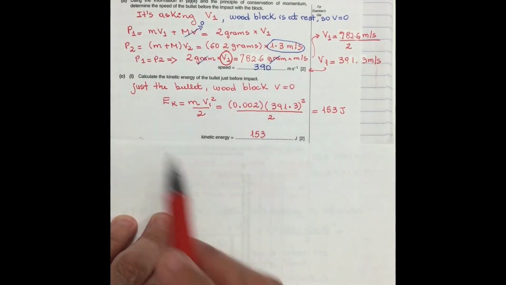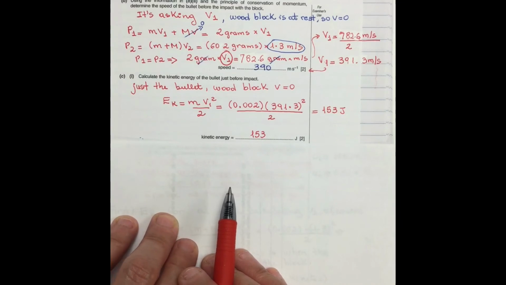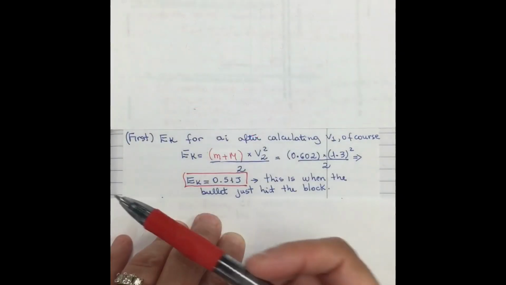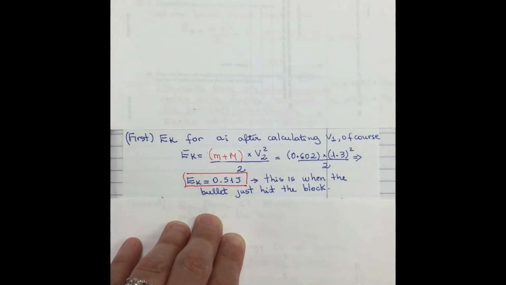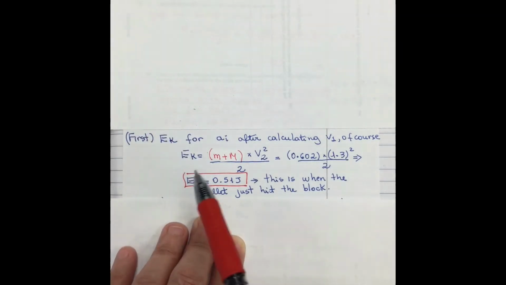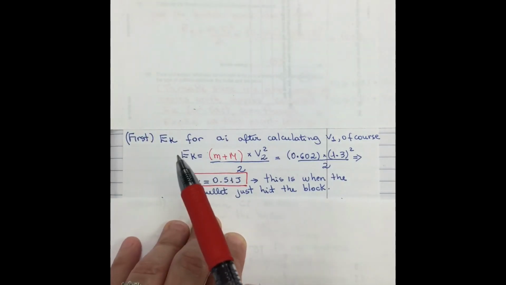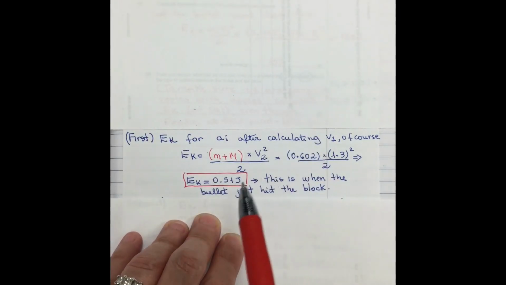And now we are going to compare both energies and see what happened. On question A I, I showed you that the energy was calculated using the potential energy, which was 0.51 joules. At this time, I'm using the kinetic energy for the same scenario.